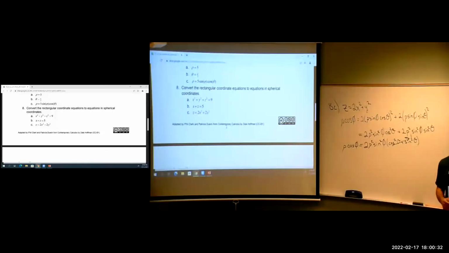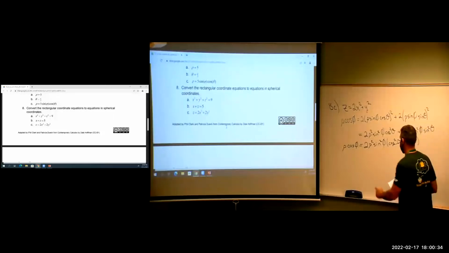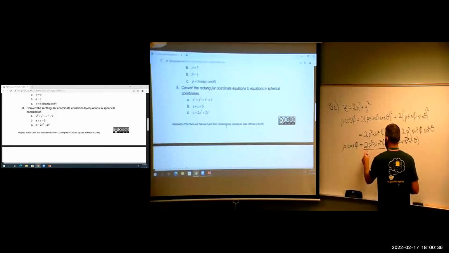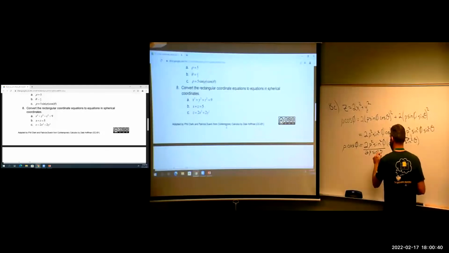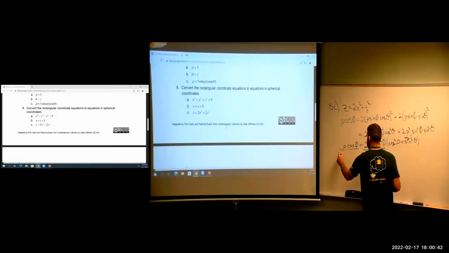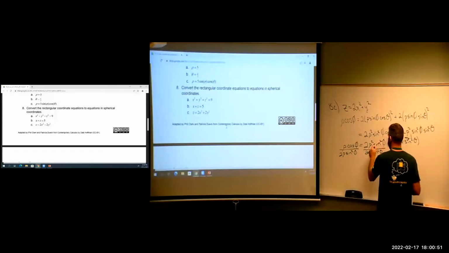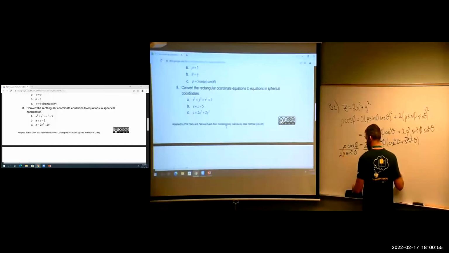It's not always possible, but this time it is, because we can divide by 2 rho sine squared phi on both sides. I'm only doing one rho because they'll cancel out. That gets rid of these.